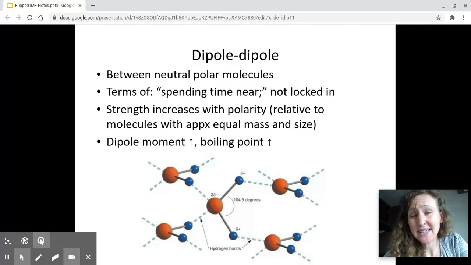Okay, ion-dipole forces are super straightforward, and basically what we talked about last time is about as far as they get. So today we're going to go into dipole-dipole forces a little bit deeper.